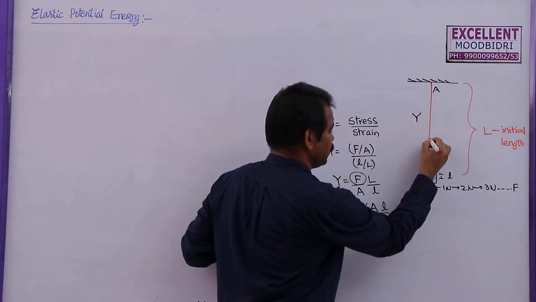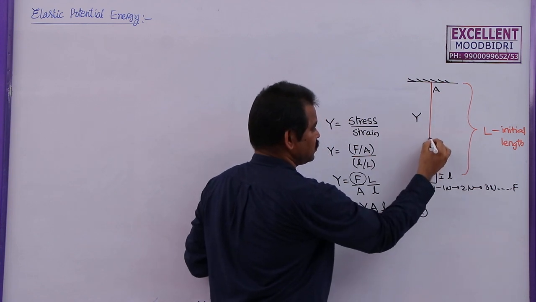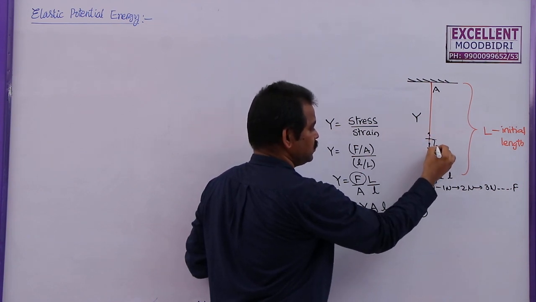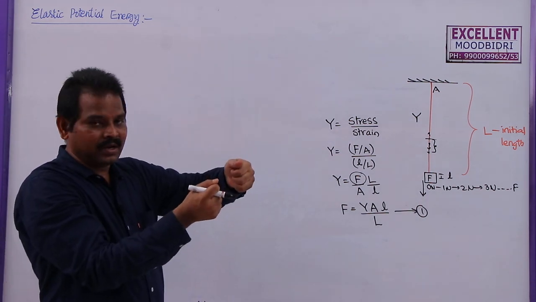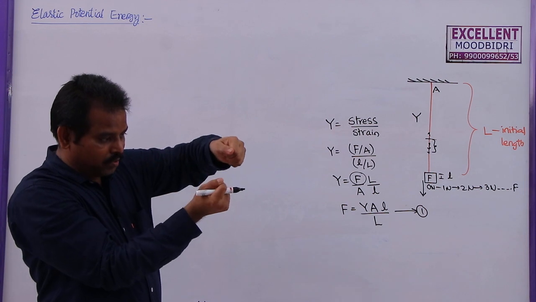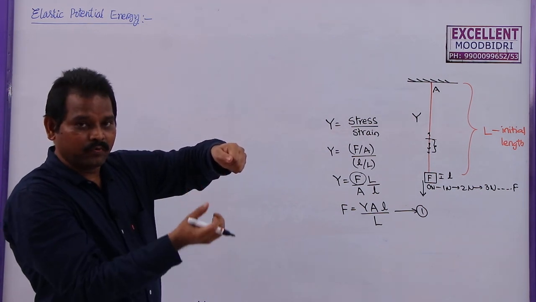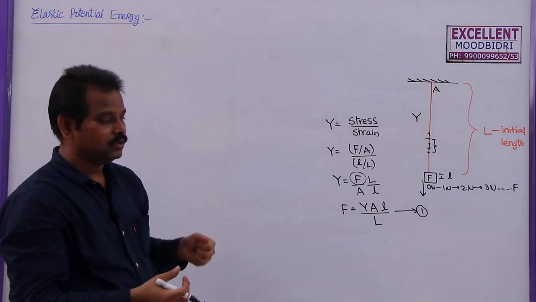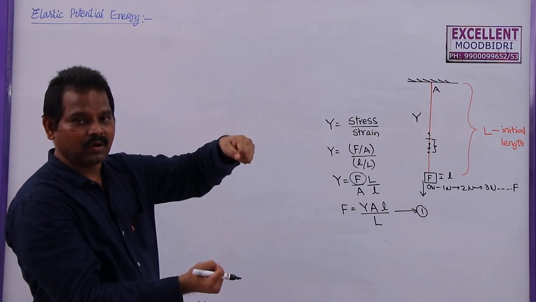Now let us say this is one molecule here, this is another molecule. When the force is applied, this will go down, because it is fixed here. That means the intermolecular distance will increase. As I explained earlier, whenever two molecules are separated by some distance, there exists a restoring force which will try to bring them to the original position. So we are doing work against that intermolecular force.